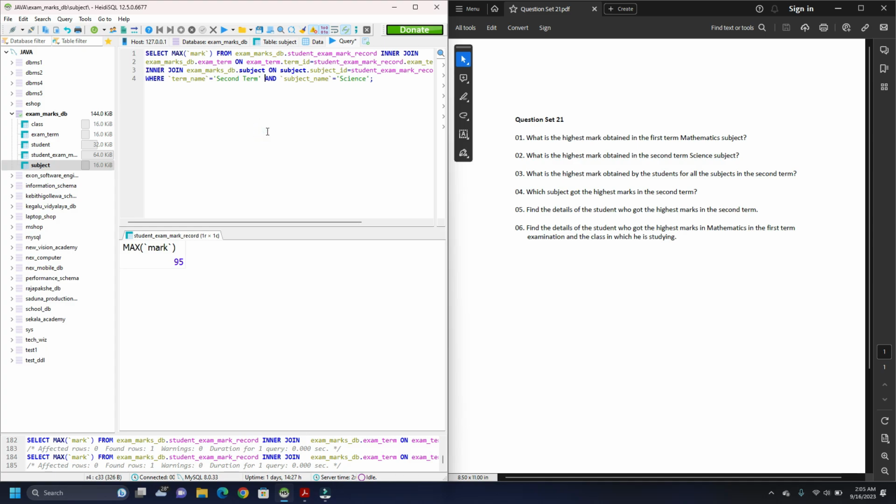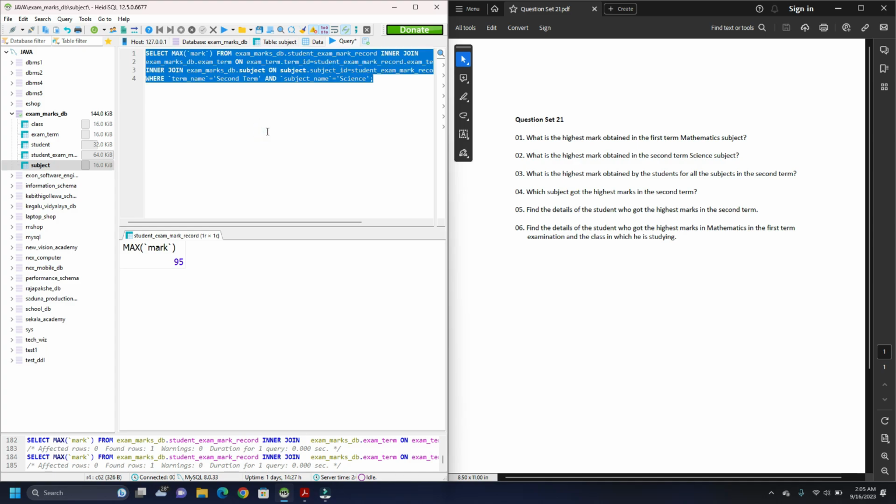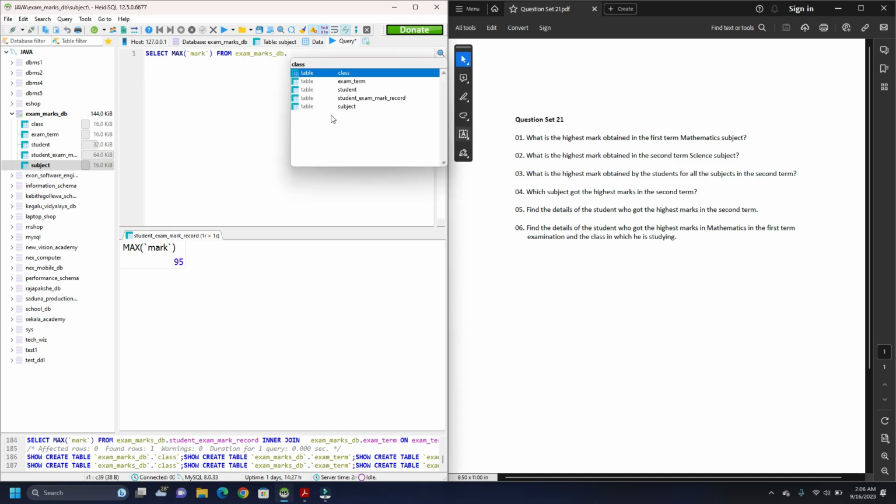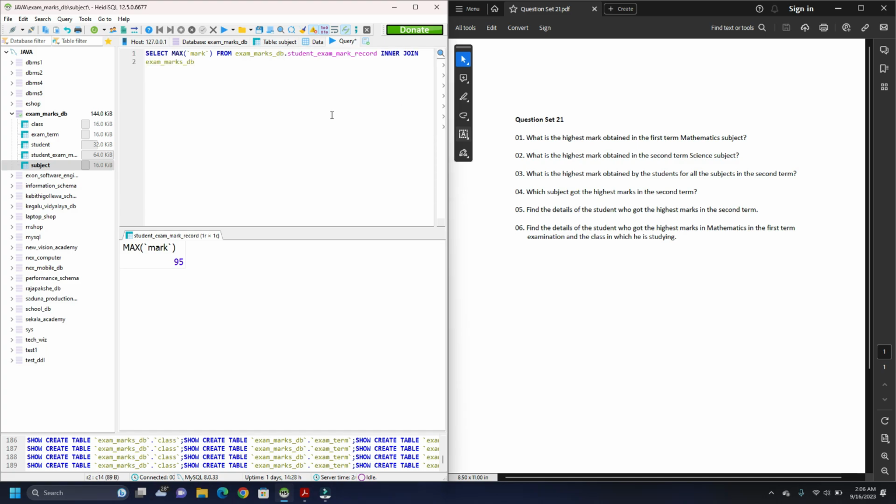And let's go ahead and answer the third question. What is the highest mark obtained by all students in the second term? So here also we have to find the max mark. So we are taking the mark from student exam mark record table, joining it with exam term table.